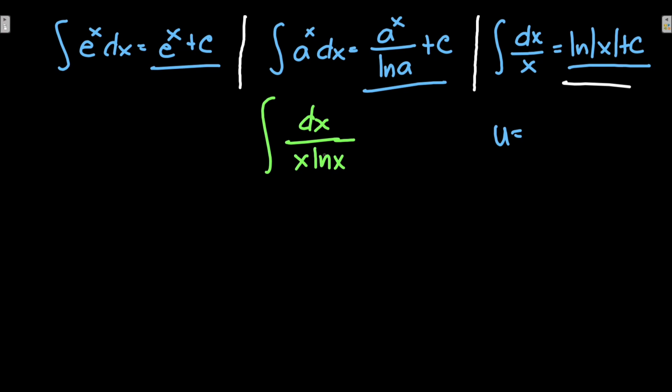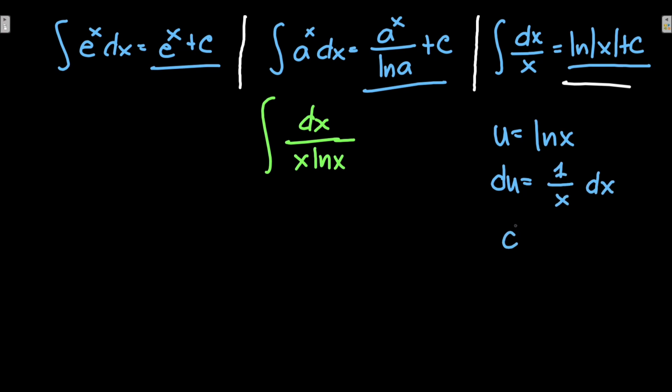Know that x is one part and ln of x is also one part. So let u be ln of x. And so the derivative of ln of x would be 1 over x multiplied by dx.